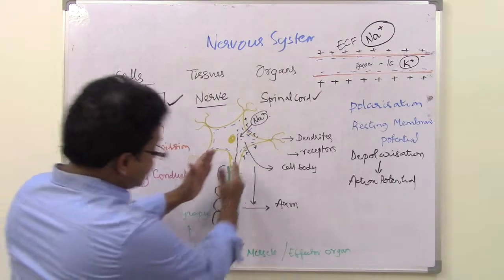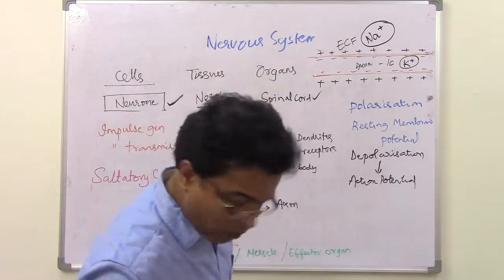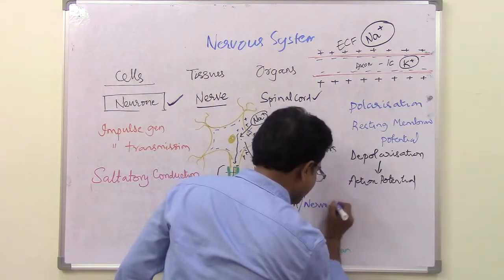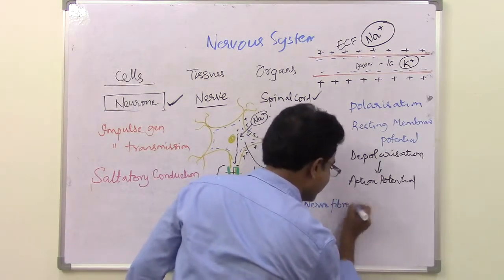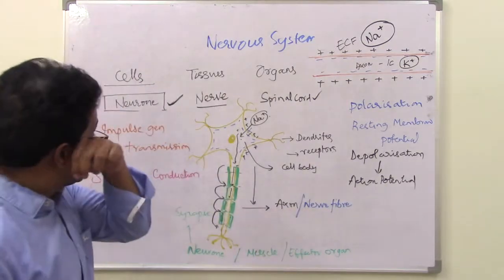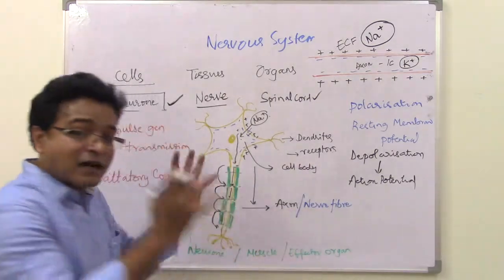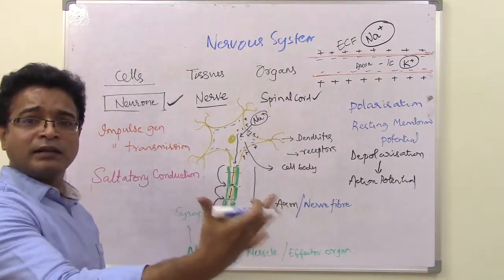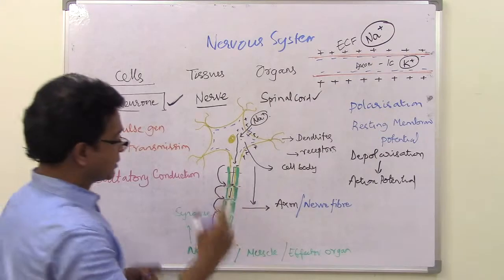Another name for this axon is a nerve fiber. It can form a single nerve. Many of these nerve fibers group together and form a bigger nerve.